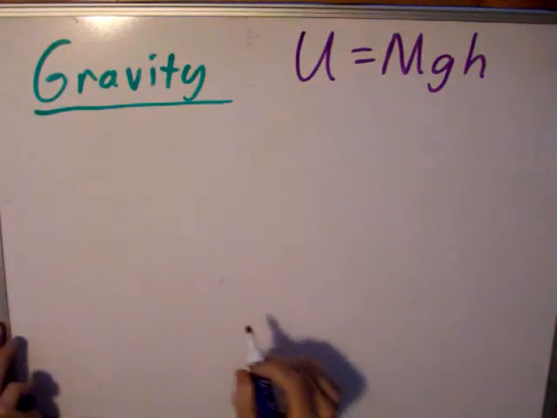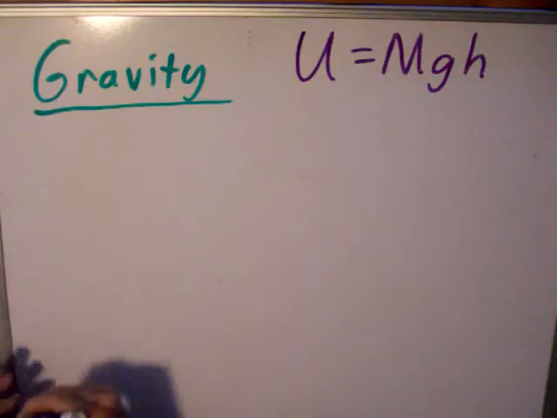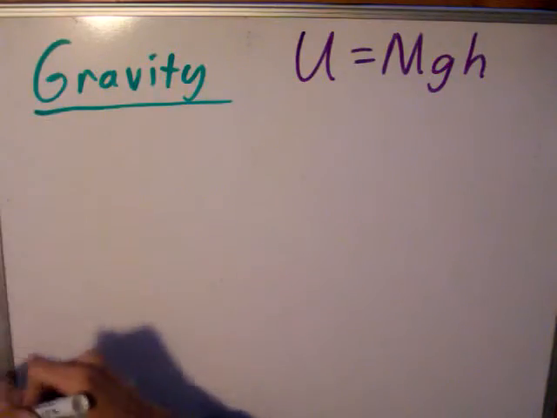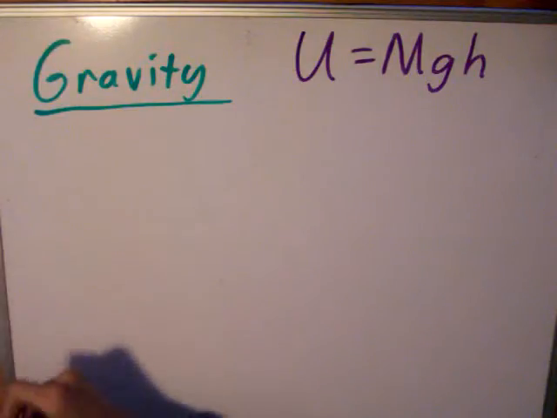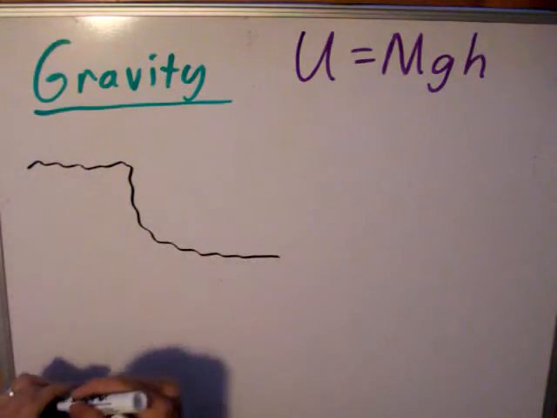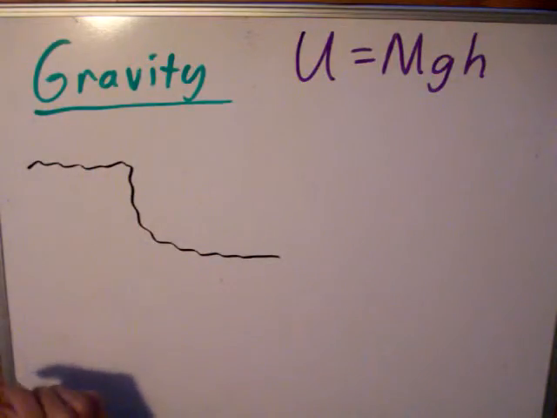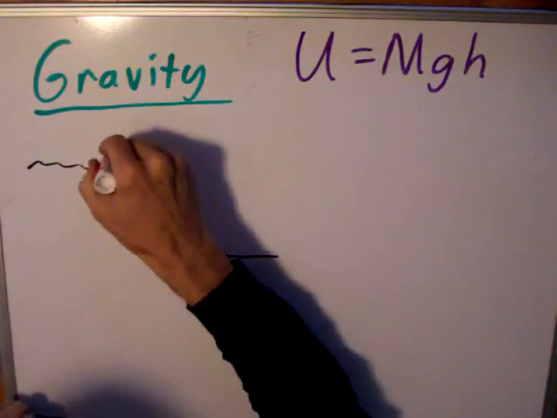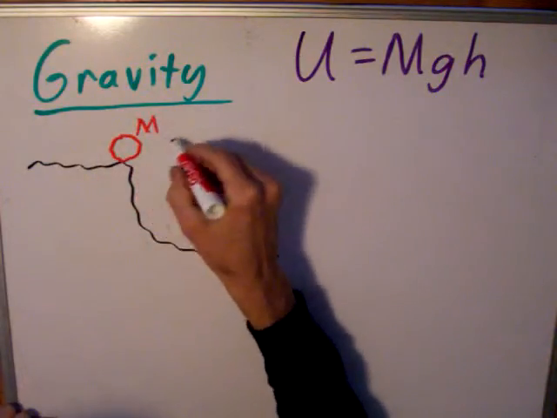So let's do a little example with gravity here. Let's suppose, for example, that we have a hill, a cliff, and there's a rock sitting on top of the hill, and the rock has a mass m.